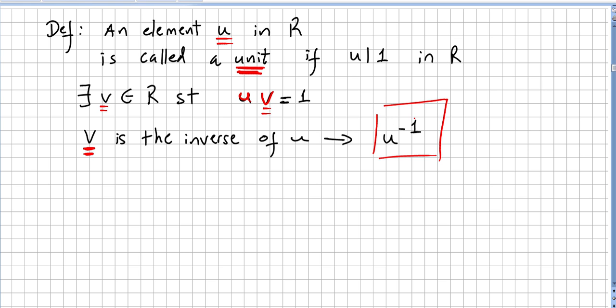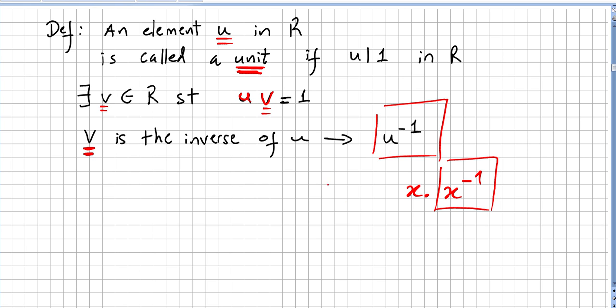Okay, the usual notation is this one. I don't want to say this is the usual notation, but this is the notation under multiplication. We are used to x times x inverse. But there are lots of notations for inverse, and this is the usual multiplication inverse.